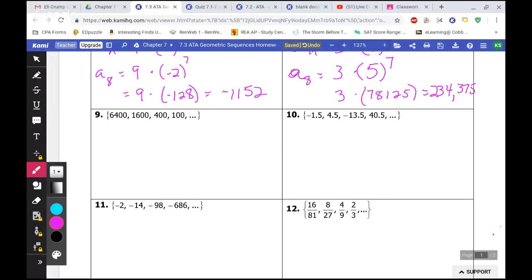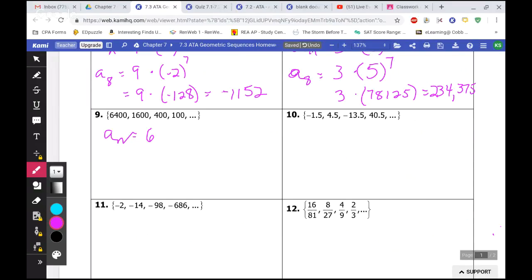All right, for number 9, if I take 1,600 and divide it by 6,400, I can see that I'm going down by 1/4, or dividing by 4 each step of the way. So got a to the n.